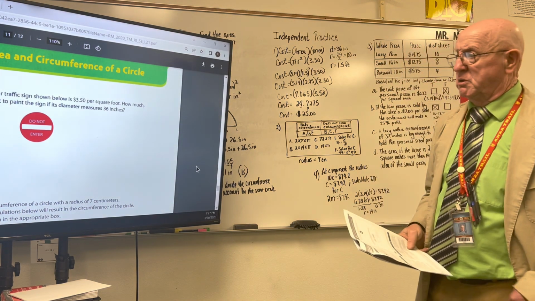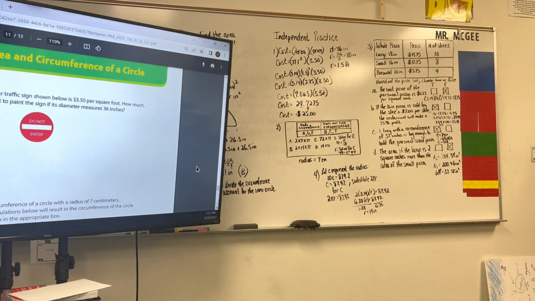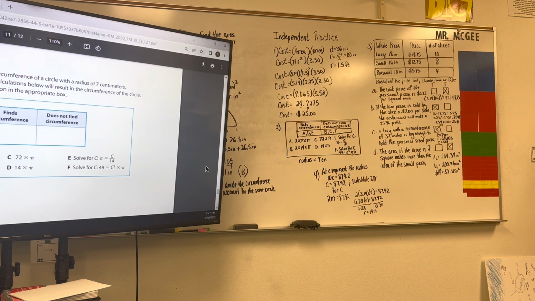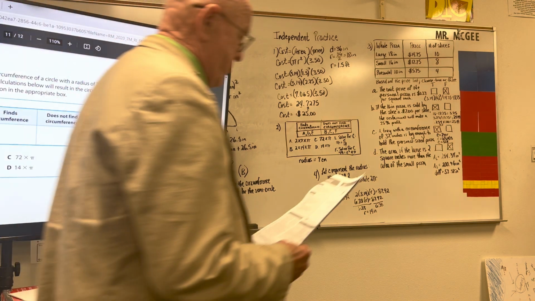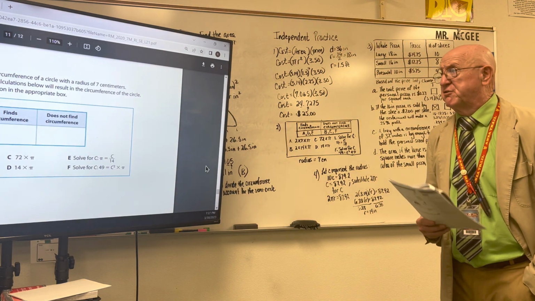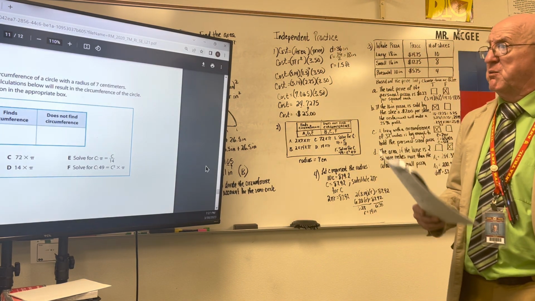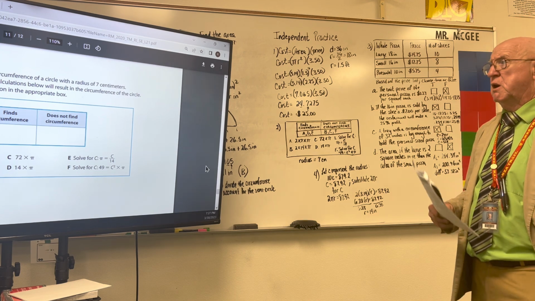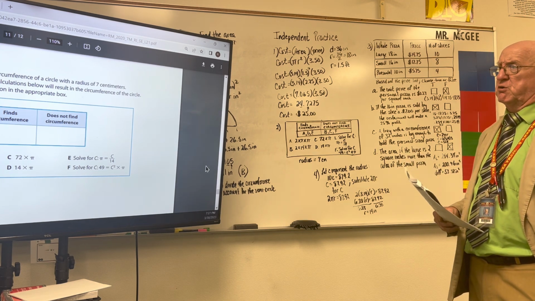Problem 2, let me get this up where you can see what problem 2 actually says. Problem 2 says that Mark wants to calculate the circumference of a circle with a radius of 7 centimeters and decide whether each of these calculations below will result in the circumference of a circle.